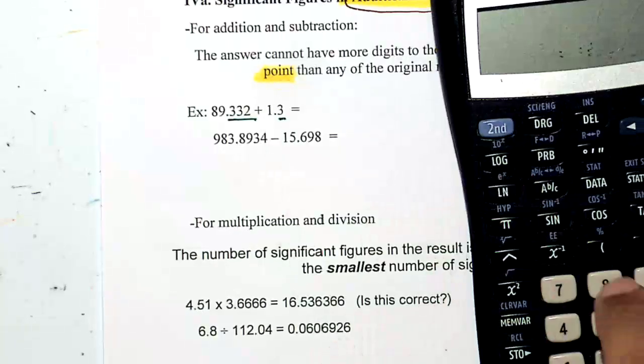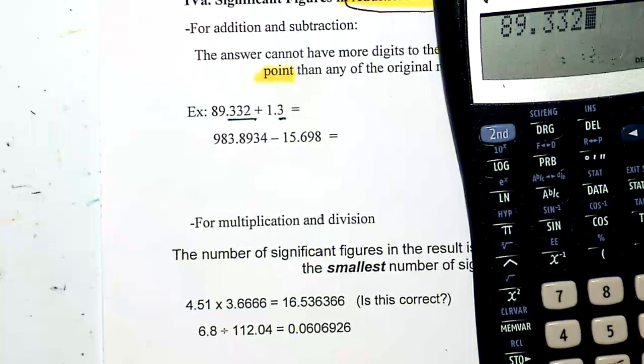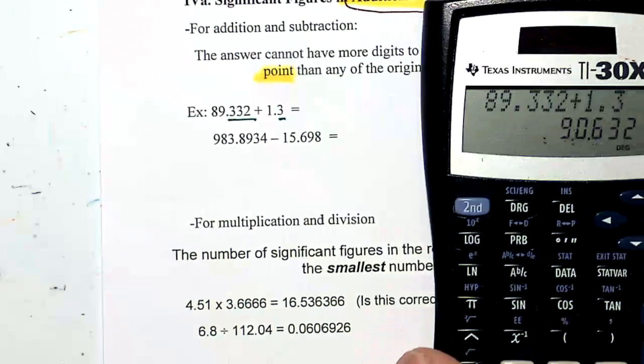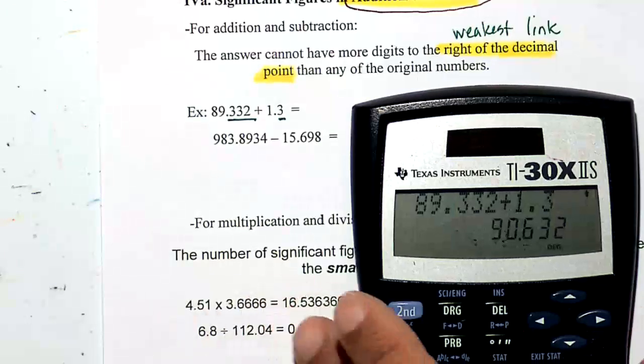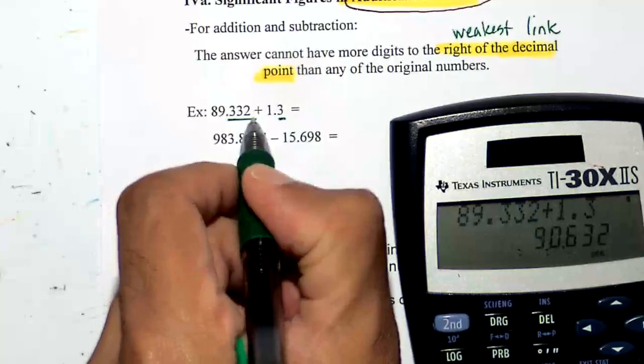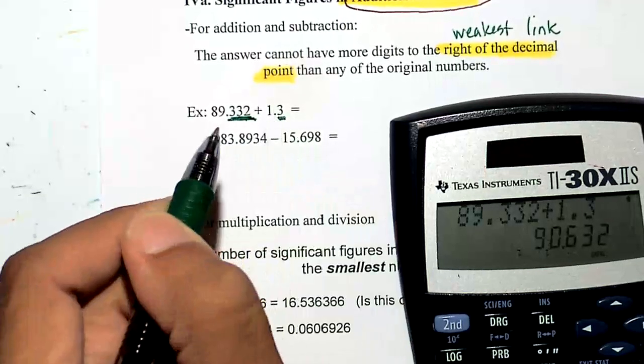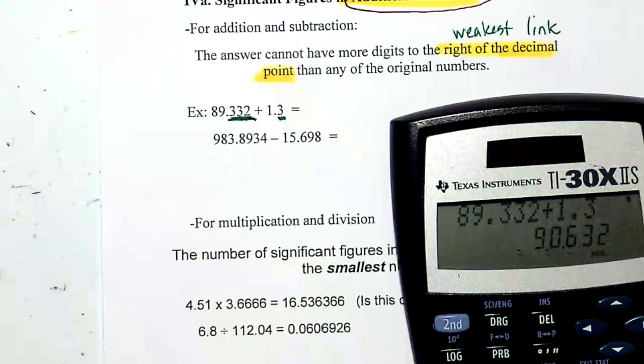So what should we report this answer as? Are we going to report 90.632? Are we going to report that whole thing? This is to 3 decimal places. This is to 1 decimal place.